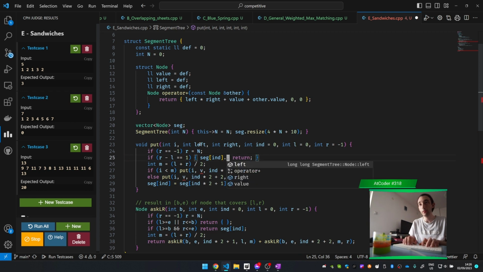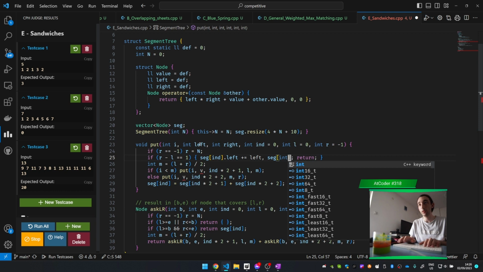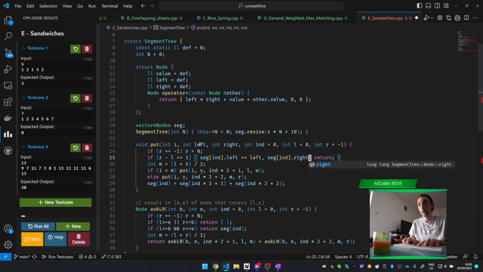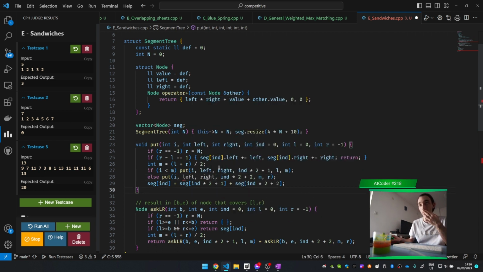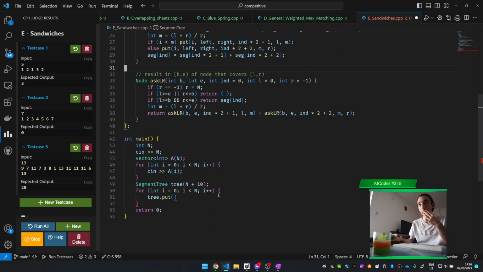So left plus equal left, and the same index, right plus equal right. Now here is left and right. So this is just that.